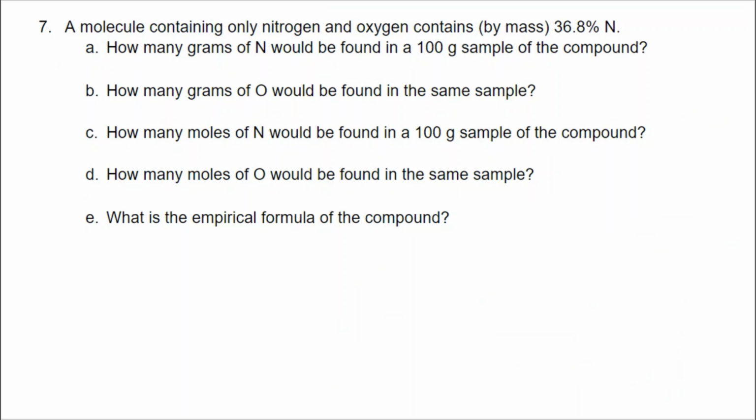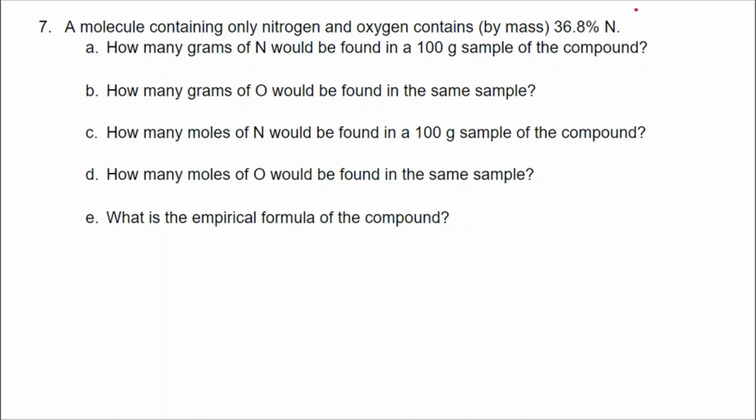So how do we find an empirical formula if we're just given percents? So this problem walks you through what the steps are. So we have a molecule that has only nitrogen and oxygen, and it is found to be 36.8% nitrogen. So that means that the rest must be our oxygen.